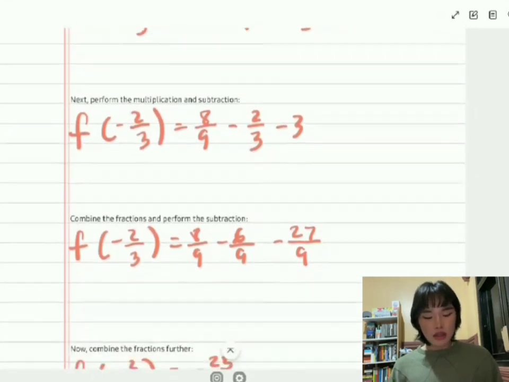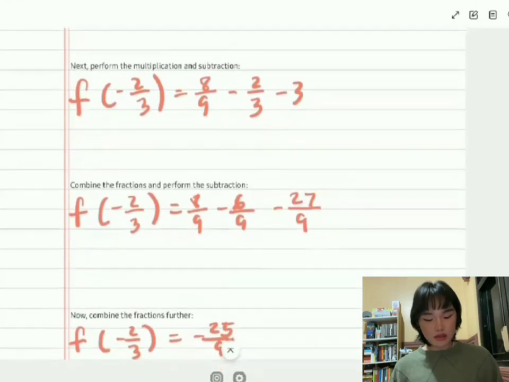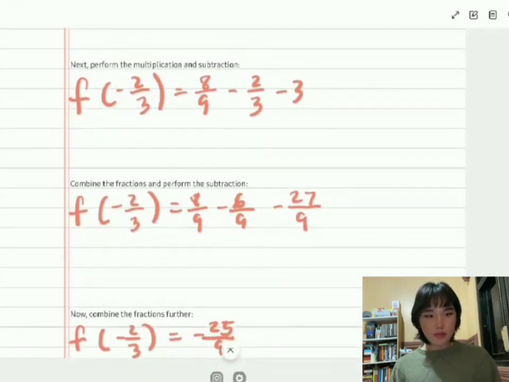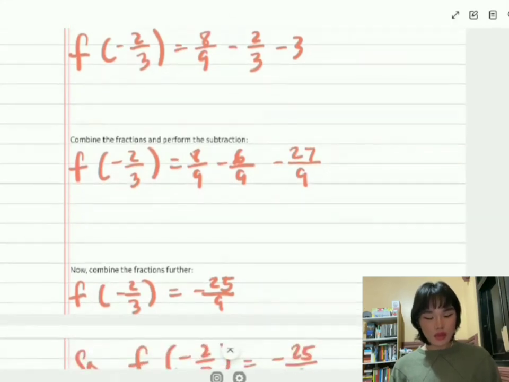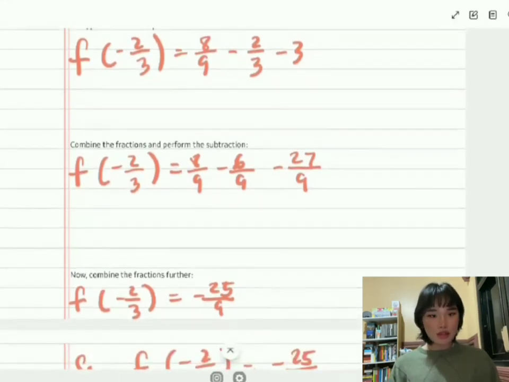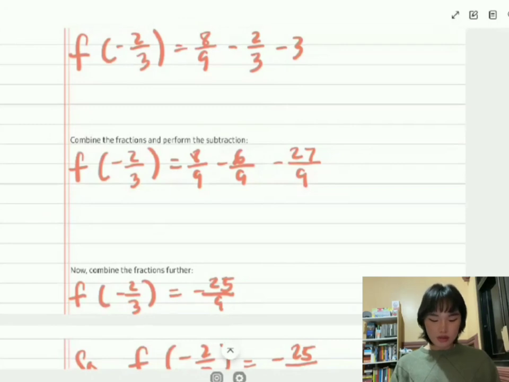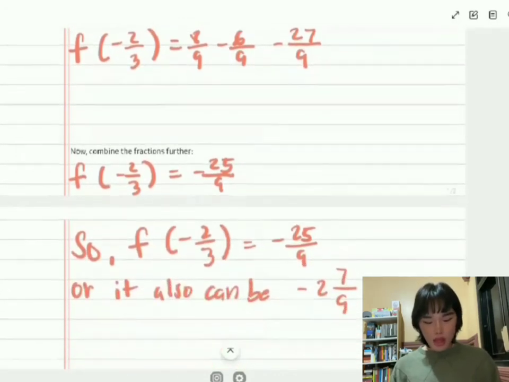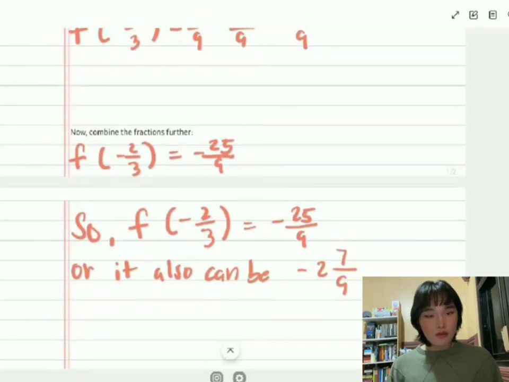Combine the fractions and perform the subtraction. Now, combine the fractions further. So, f of negative 2 over 3 is equal to negative 25 over 9, or it can also be written as negative 2 and 7 over 9.